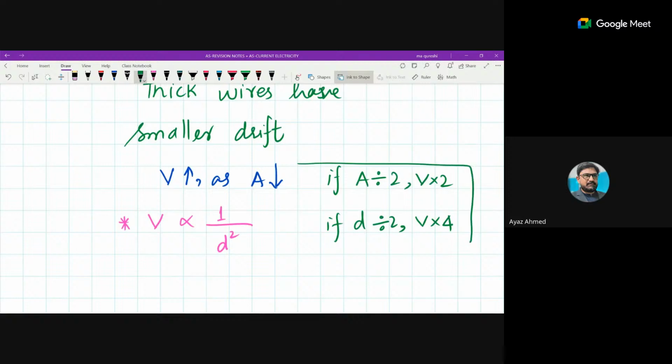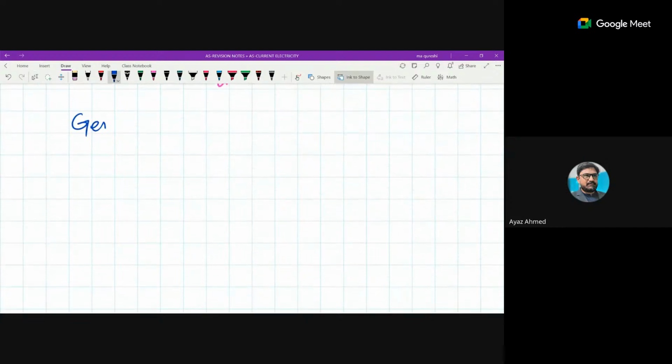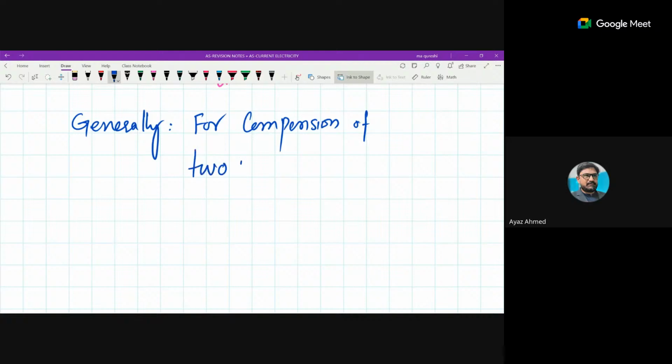This is a very interesting thing, that there are some questions which would be dealing with diameters of the wires. That's why I have given you this relation. So generally, for the comparison of two materials of different dimensions, what do we need?